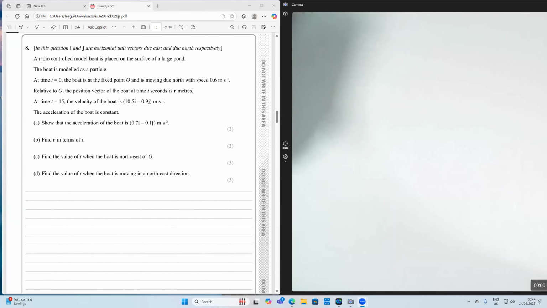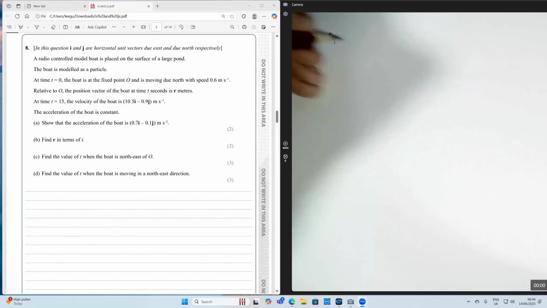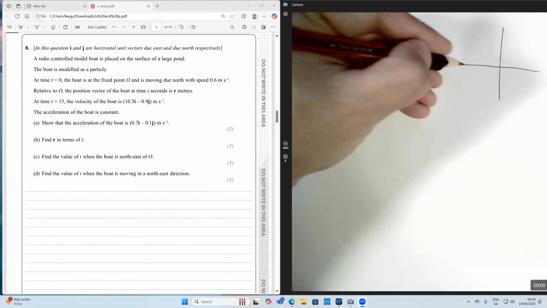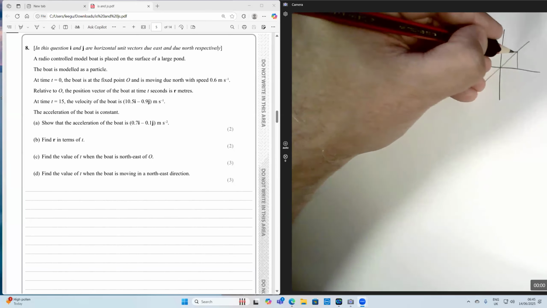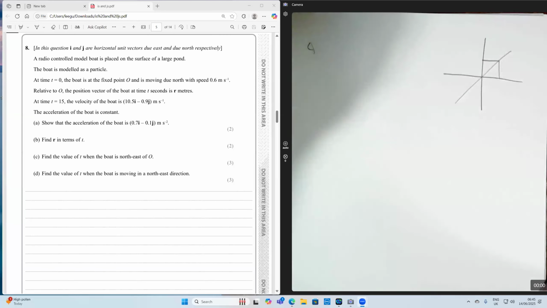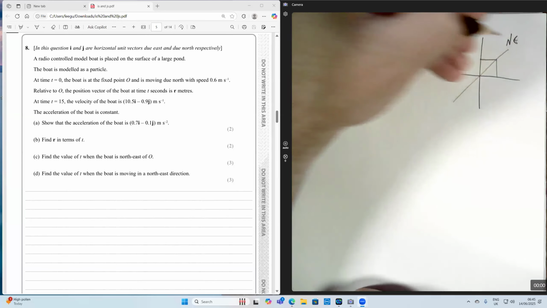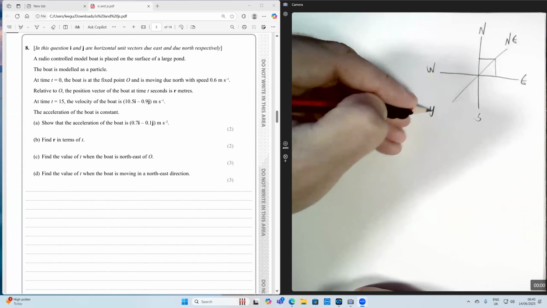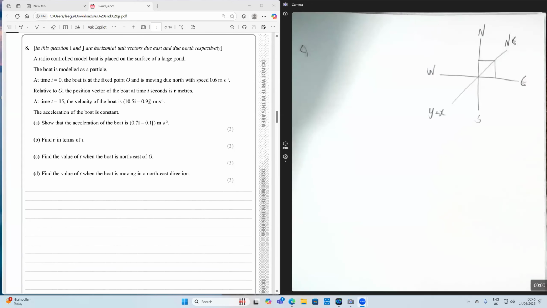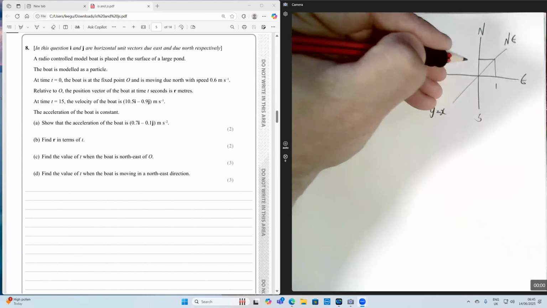Now, part C, it says find the time when the boat is northeast. Because they're talking about the location being northeast, remember I've mentioned in previous questions, so let's just draw a compass here, you're essentially saying that something is lying along the line y equals x.